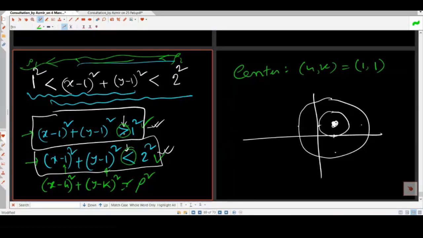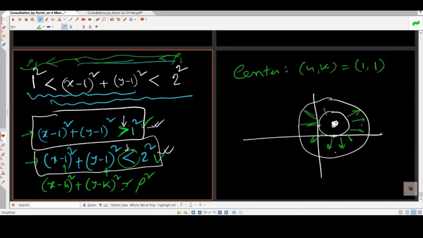Let's think about the first case. In the first case, we have greater than 1. This circumference is at distance 1. Since we have greater than, we have the exterior. Greater than means exterior, so we are going in the outward direction.